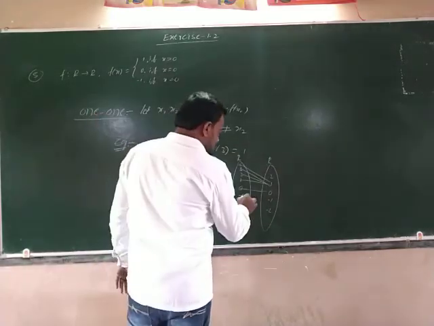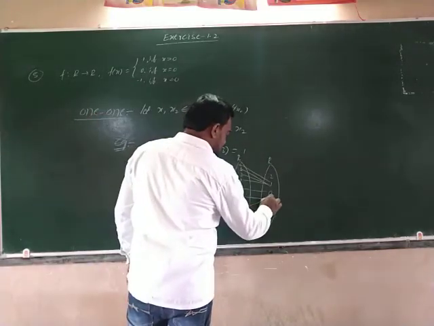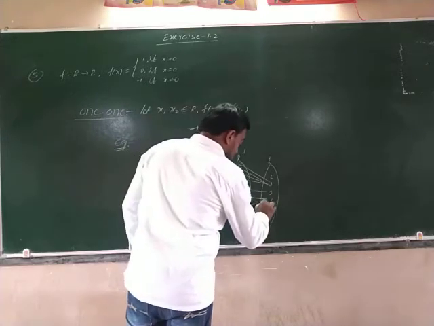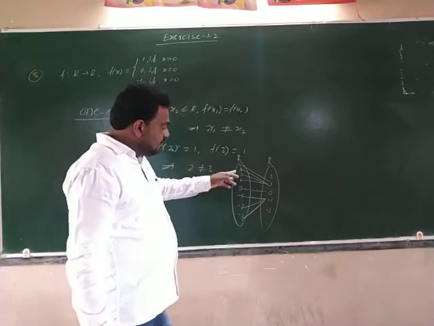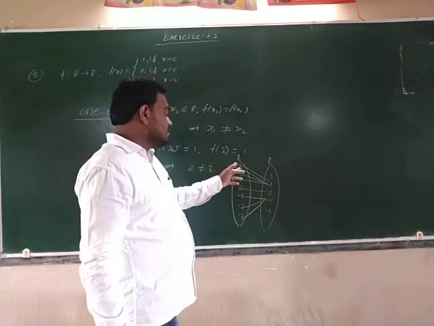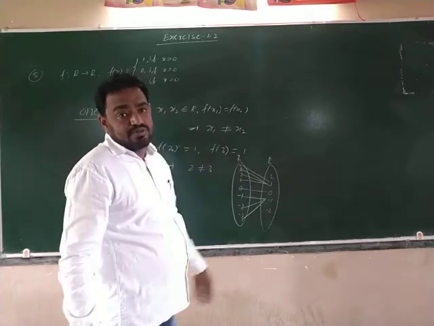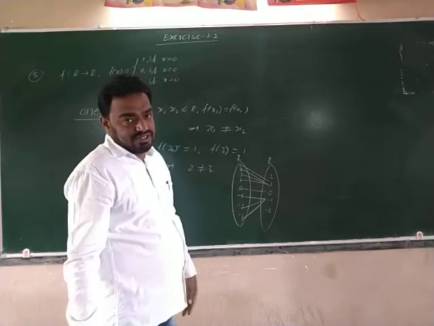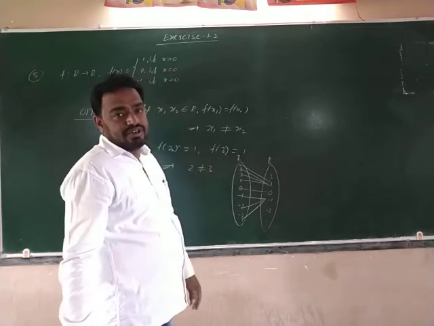Next, minus 1 related to minus 1, minus 2 related to minus 1, minus 3 also related with minus 1. Means for 1, how many pre-images do you see? 1, 2, 3, 4, 5, and so on, all positives up to infinity. So 1 has many pre-images, so it is not one-one.